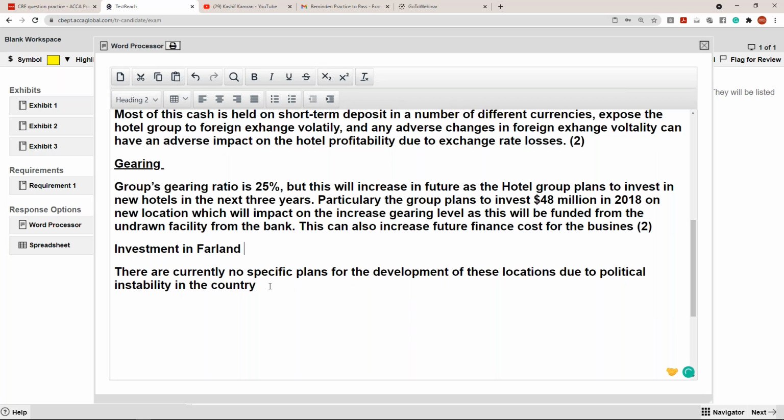There are currently no specific plans for the development of these locations due to political instability in the country.